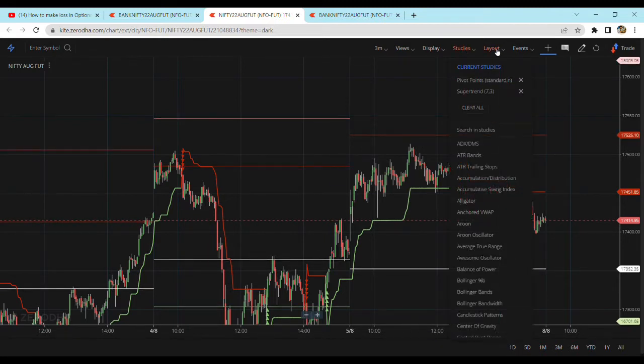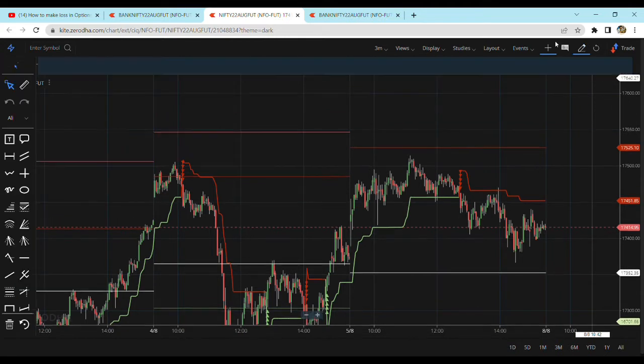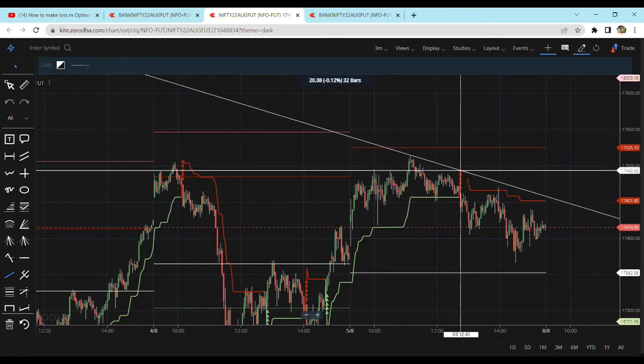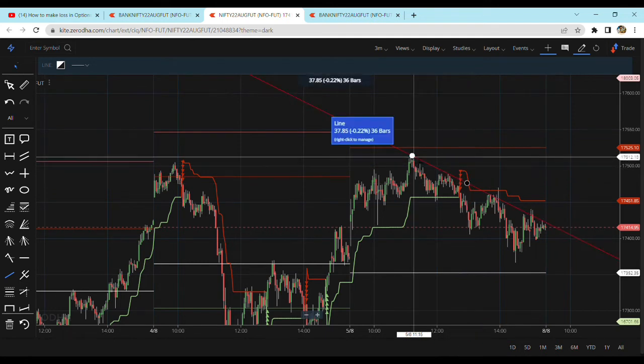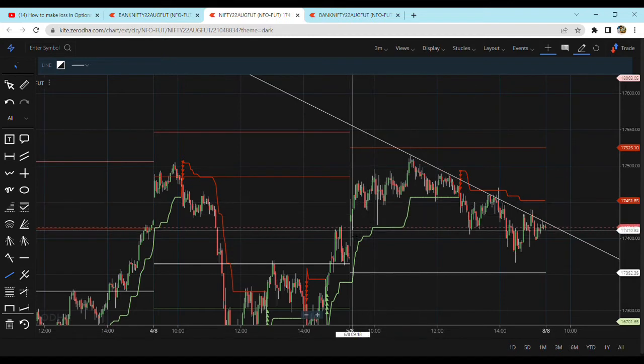As you can see, the trend. One second. Yeah, so as we can see, the trend following, from this pivot level to this, you see these black dots, then these black dots, and then this pivot level, it has come down.